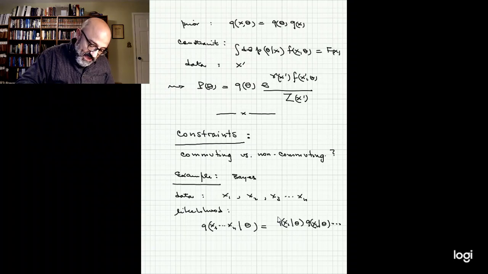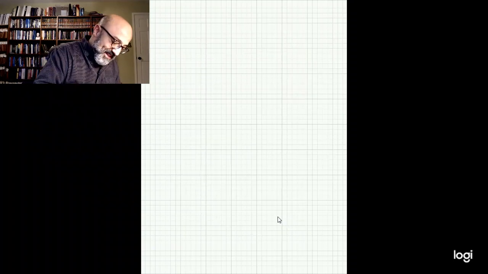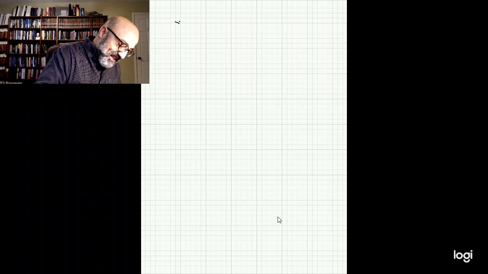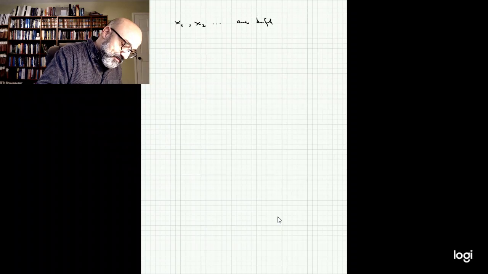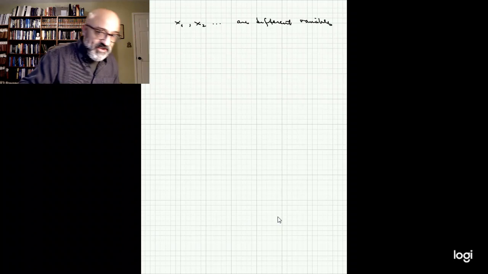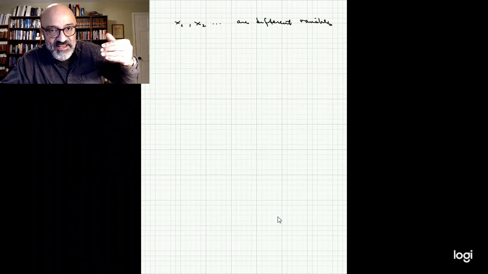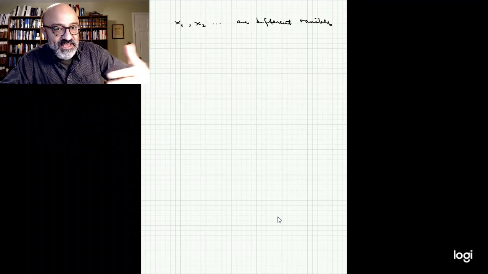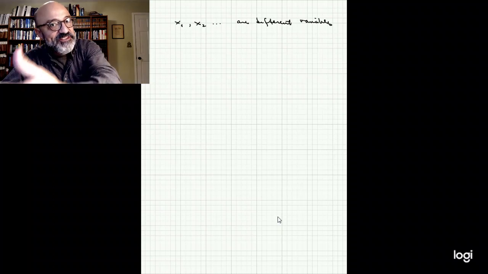So in this case, x1, x2, and so on, are different variables. You may call it the length of the table, but it is the length of the table at time t1, the length of the table at time t2, right?